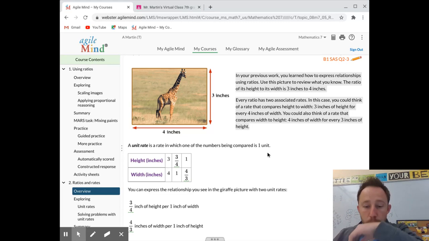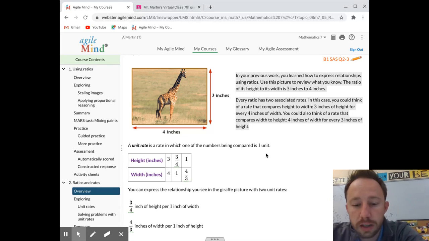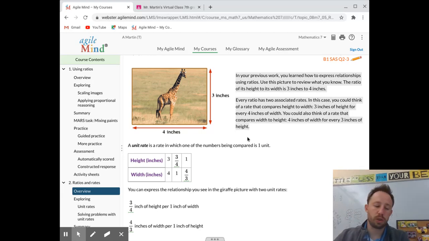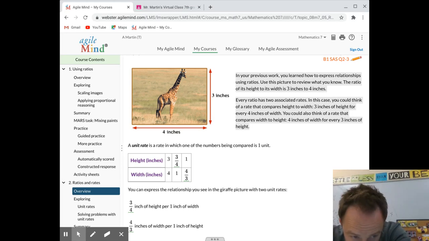All right, so it says use this page to answer questions 2 and 3. So what does question 2 say in our workbook? Say that again, Jamal.